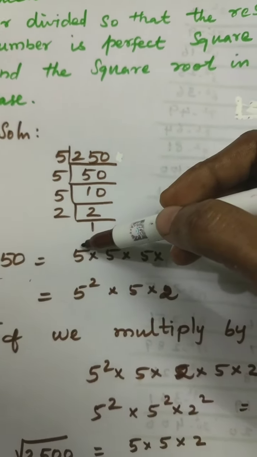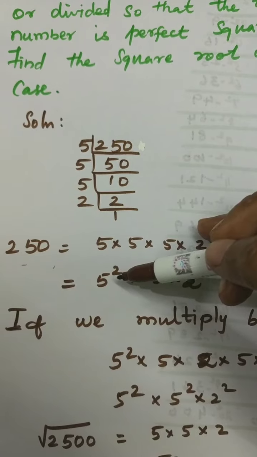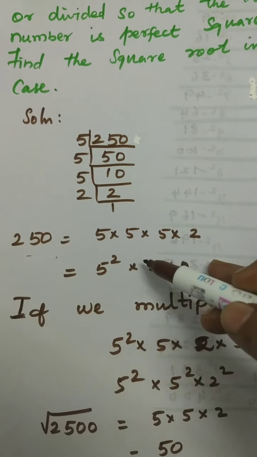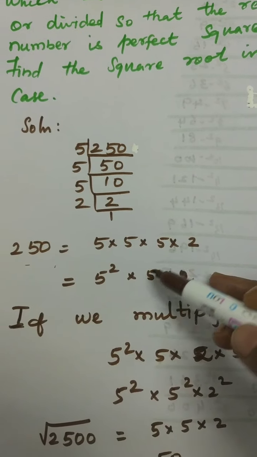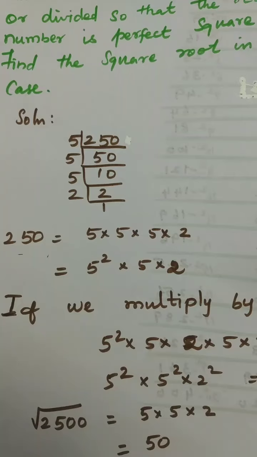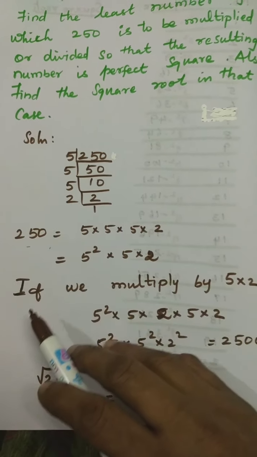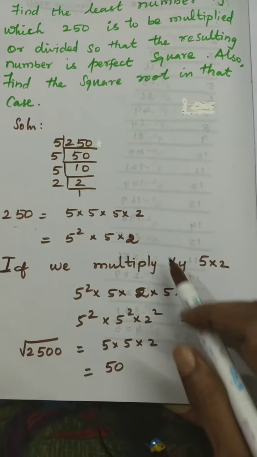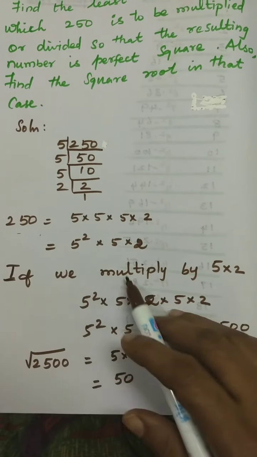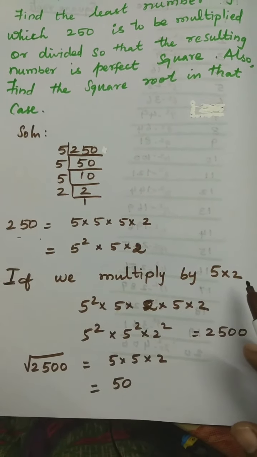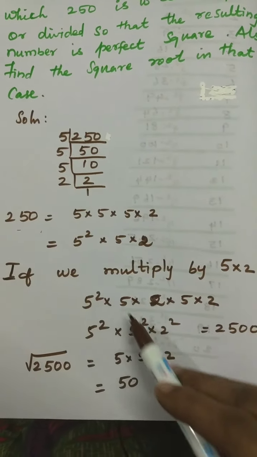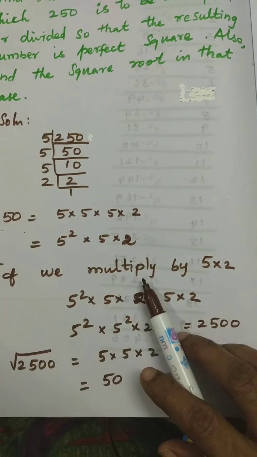Here this 5 has a pair, so 5 square. Here 5 and 2 have no pair. If everything is a square, it is a perfect square. Now here it is not a perfect square, isn't it? So if we multiply by one more 5 and one more 2, then it will come as 5 square into 5 into 2 into 5 into 2.